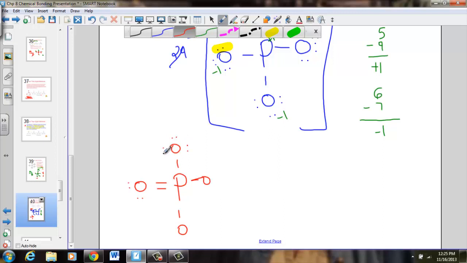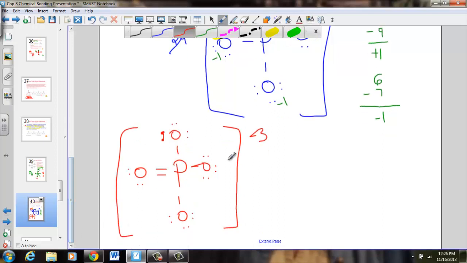Draw them in. All of the dots are important. What have we done to the formal charge of our central atom? And again, I have to put it in a bracket, the -3 overall charge.